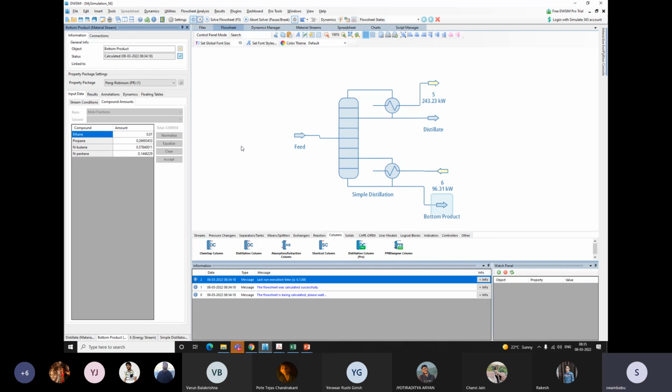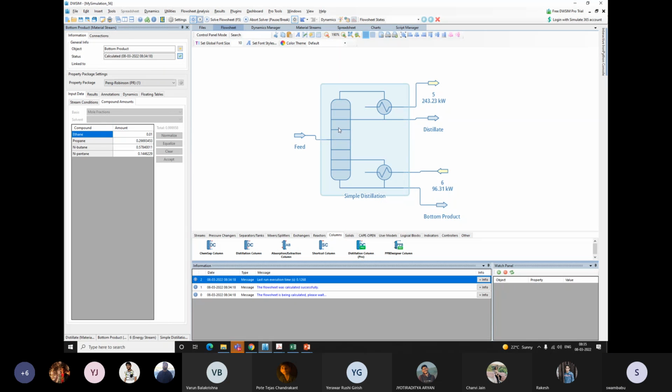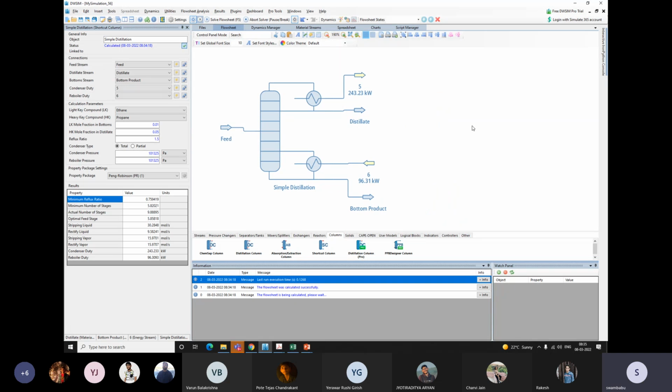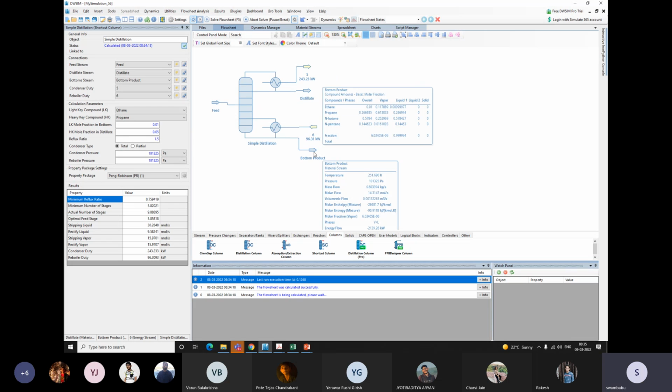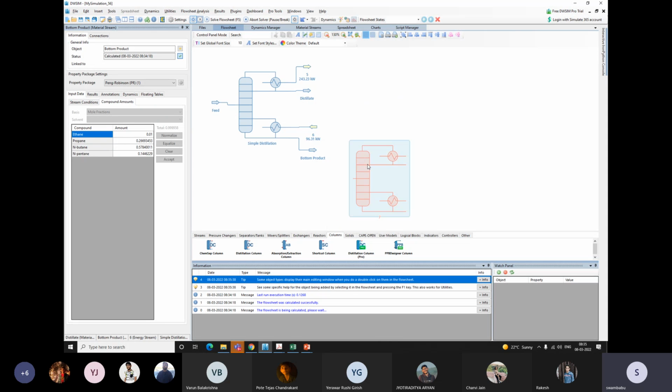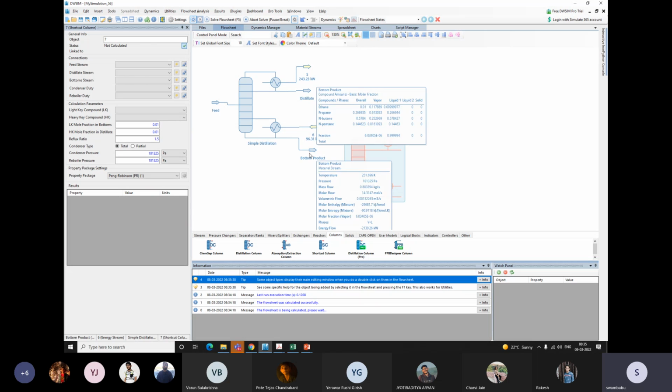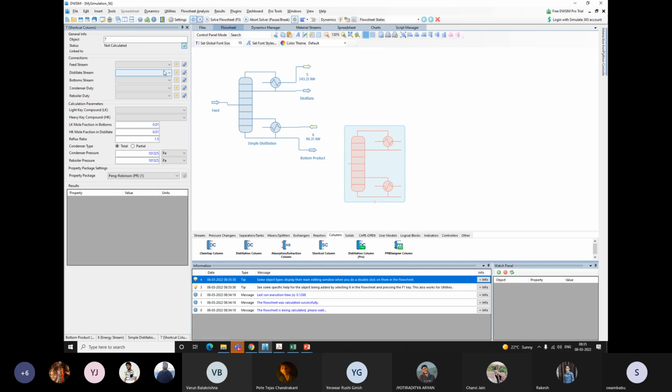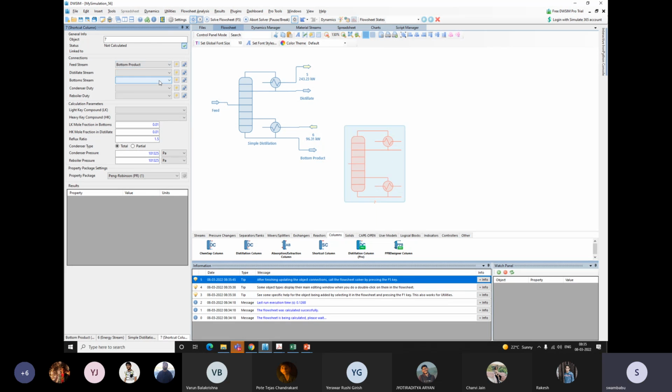Now, suppose you want to purify these three, because the bottom contains propane, butane, and n-pentane, we need to add an additional distillation column. We can put another distillation column. So the feed to this will be bottom product 1.